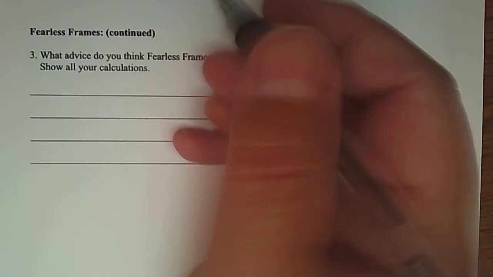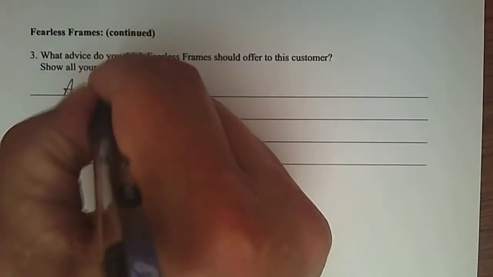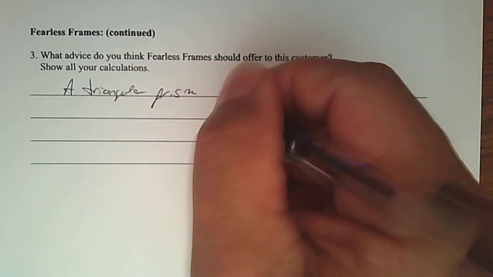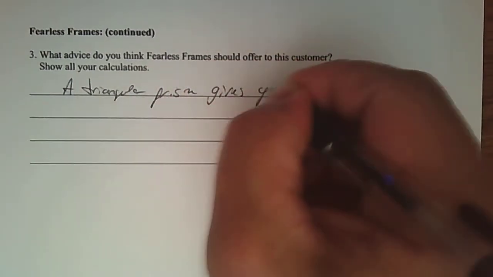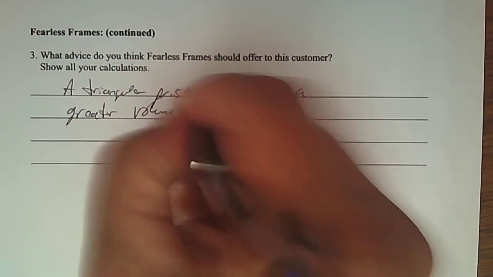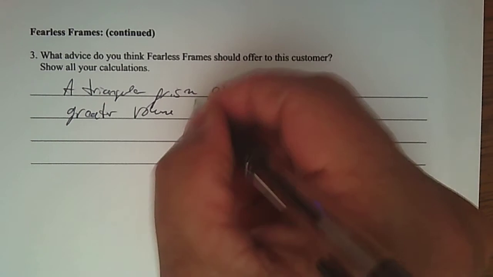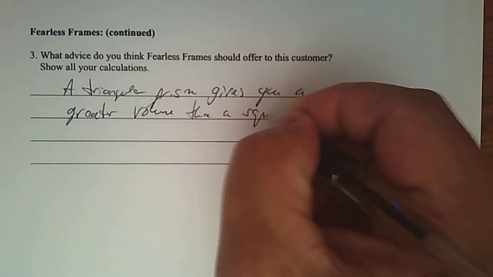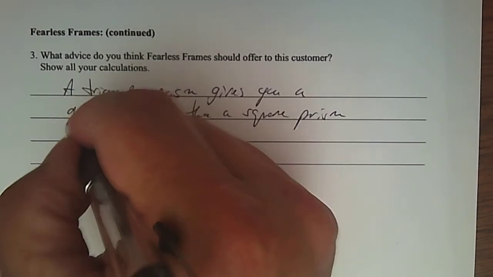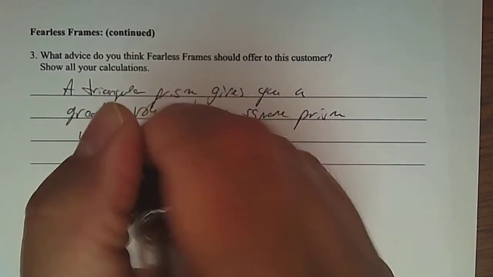So the advice I would give is that a triangular prism gives you a greater volume than a square prism or rectangular prism using 60 meters of tubing.